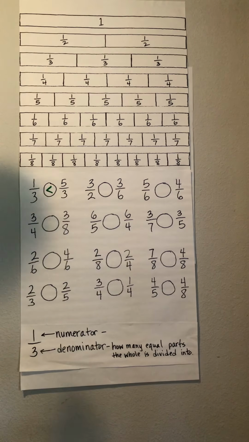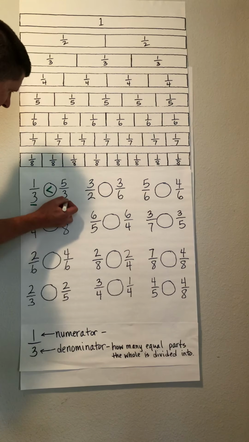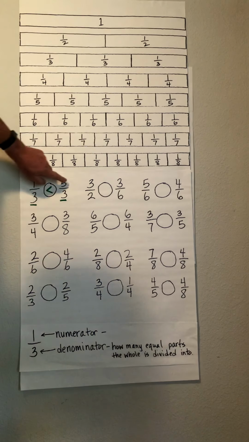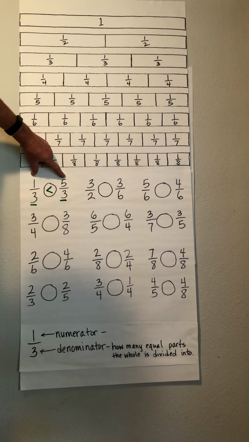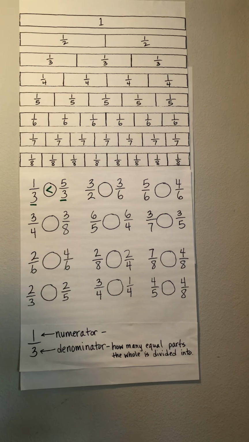Okay? So when you have fractions where the denominator is the same, then you're going to look at the numerator. And whichever fraction has a larger numerator, that one is greater.